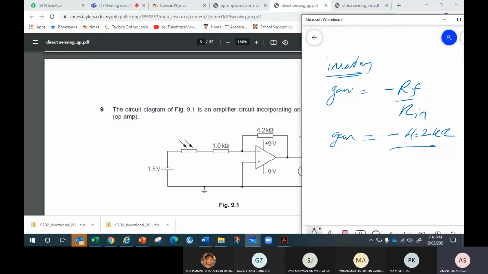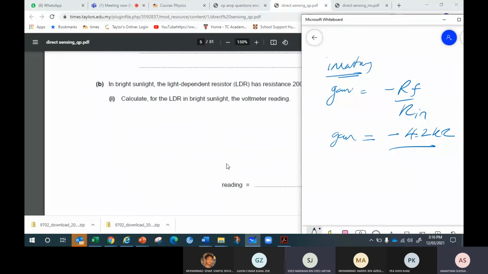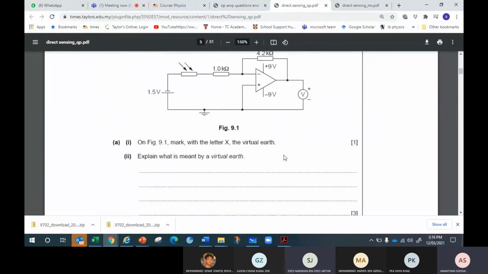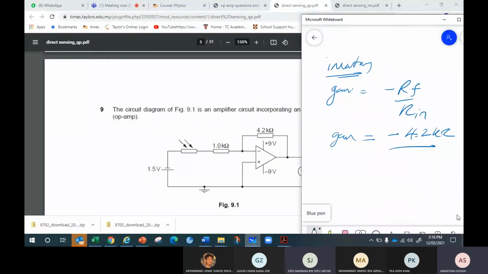Rin is these two resistances added up because they are in series. This is 1 kilo ohm. LDR was found to be 200 ohm, which is 0.2 kilo ohm. So it's 1.2 kilo ohm. So the gain is found to be how much?